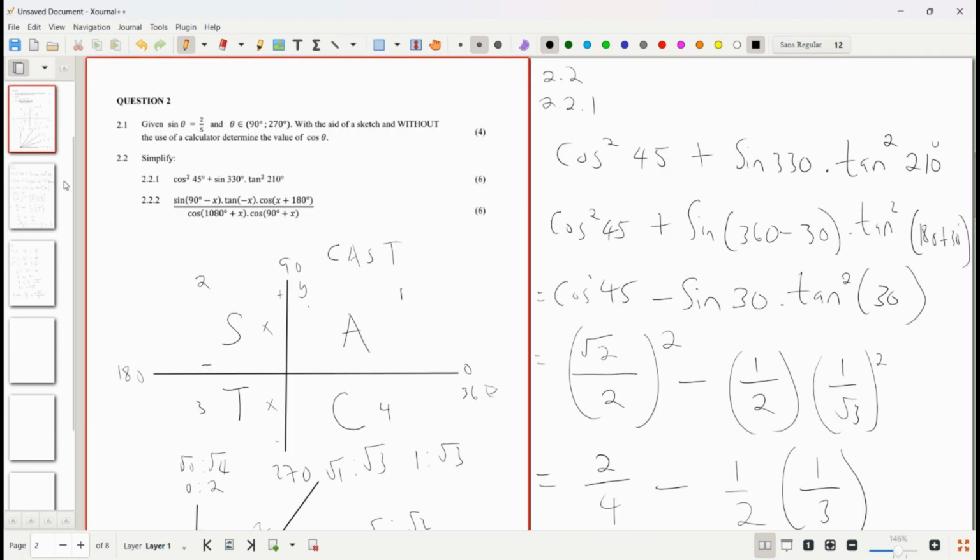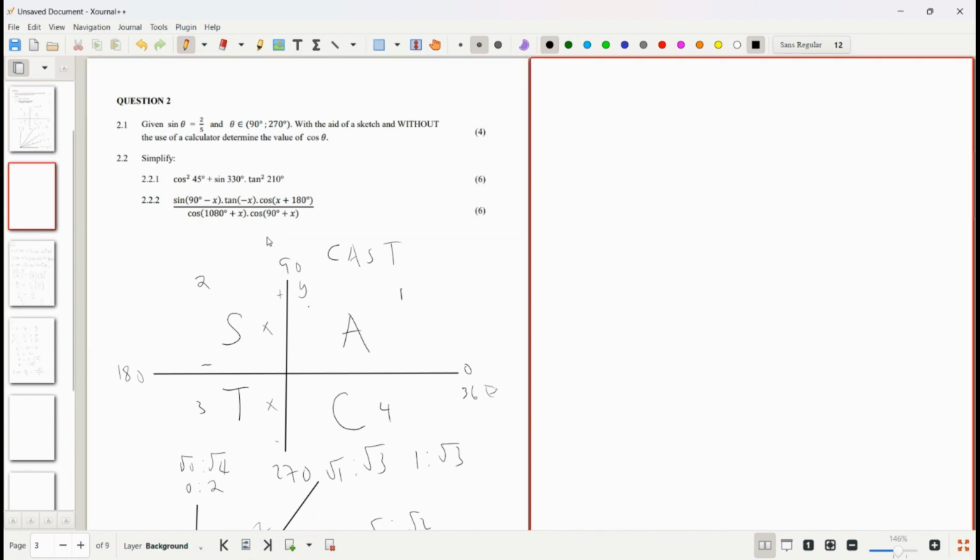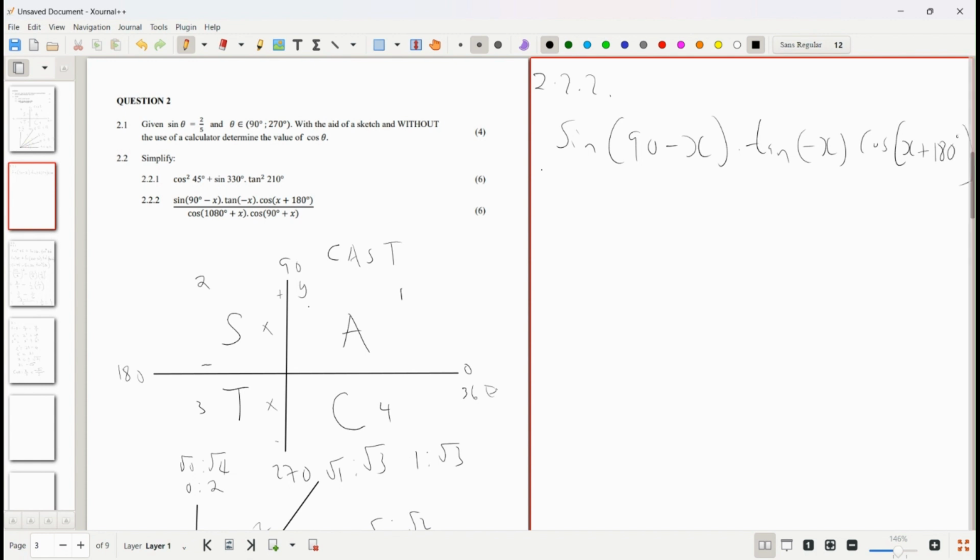2.2.1. Okay. And then moving forward, let's check 2.2.2. Okay, for 2.2.2, we have sine 90 minus x, tan negative x, and then cos x plus 180 degrees, right?